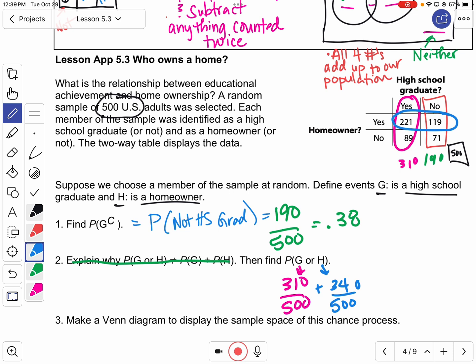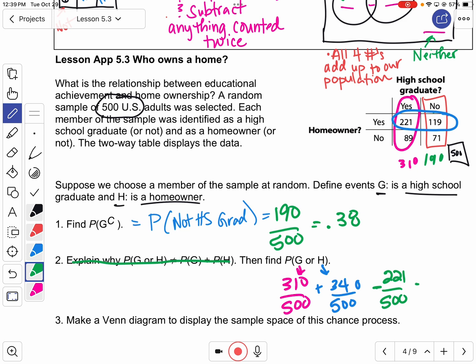Now, if I added 310 and 340, that's more than 500. That's too much. So, of the pink circle and the blue circle, is there a group that got circled twice? Yes. Which group? Yes to both. So we're going to subtract those 221. When you're looking at a table, if you do both, then you've got to take out what was circled both times.